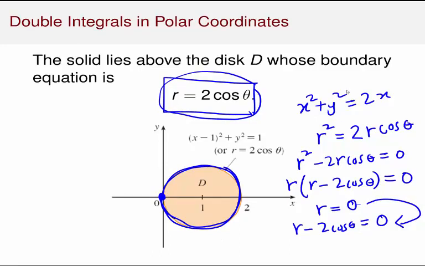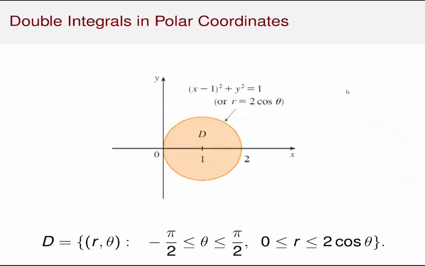Alright, so let us now describe the region D in terms of the polar coordinates. Let me start with the polar angle theta. To find the range for theta, we need to look at the rays coming out from the origin, cutting through the region D. For example, the positive x-axis is such a ray.